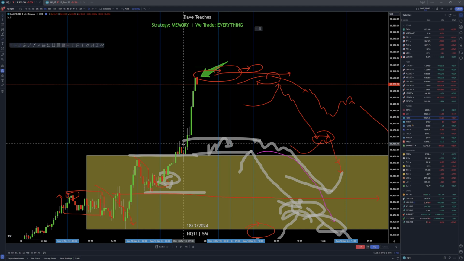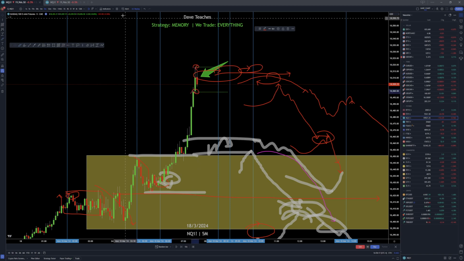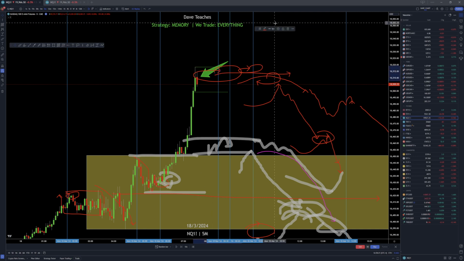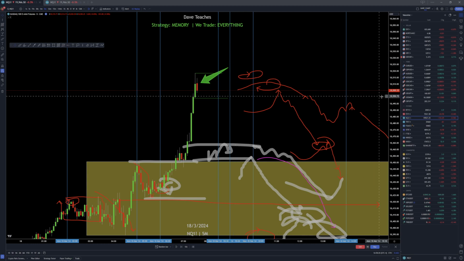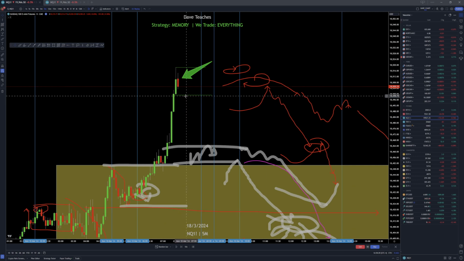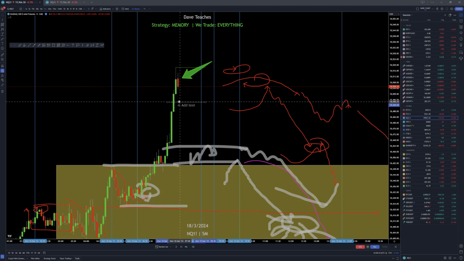And by the way, when my take profit is here, my stop loss is also here. There's plenty of pictures that I have showing that management style. When price is running away, you want your stop loss to be behind the candle lows.